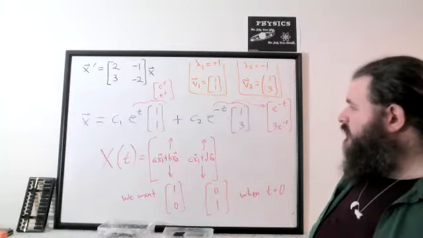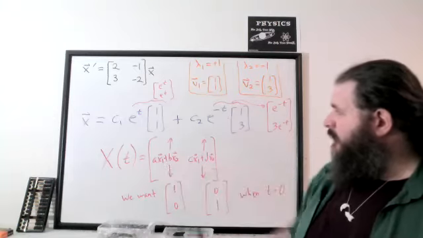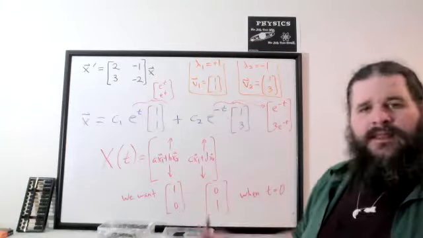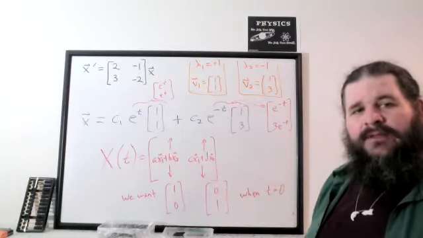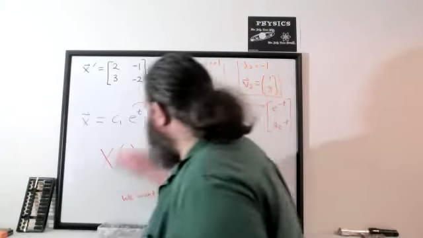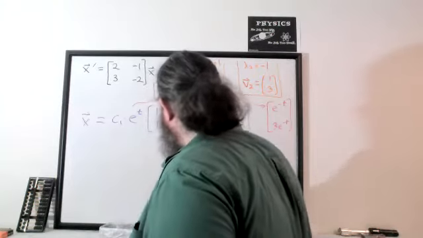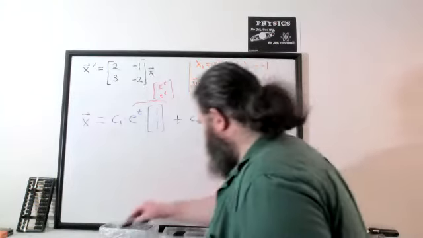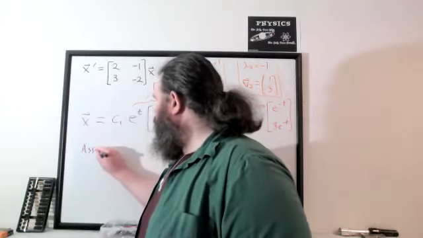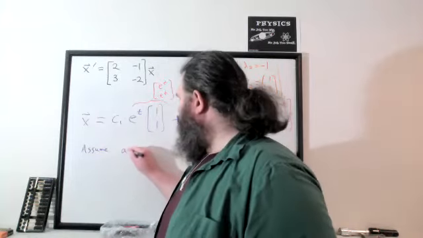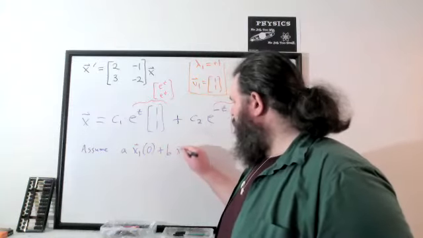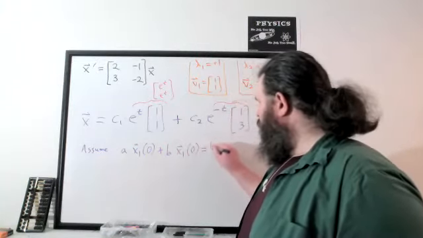So let's try this out. Let's assume that we have some linear combination of x1 and x2 such that when we plug in 0 for t, we get 1, 0. And also some other linear combination where when we plug in 0 for t, we get 0, 1. Let's assume that a times x1 of 0 plus b times x2 of 0 is 1, 0.